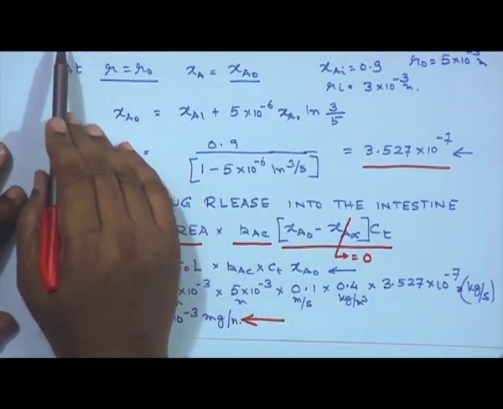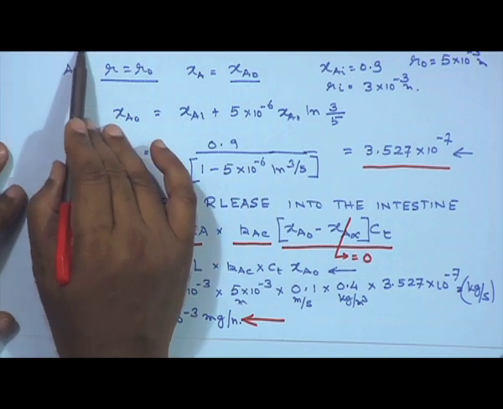So, equating the diffusion and the convection, we could evaluate the second boundary condition, and putting the second boundary condition into the expression of x A, which is the mole fraction of A, we could also obtain the first constant of integration. So, we have obtained this as the concentration profile.